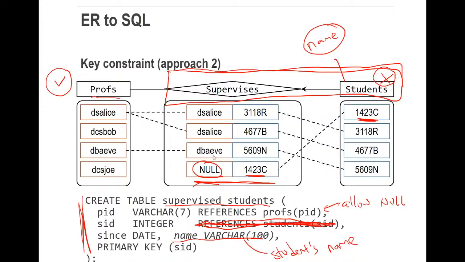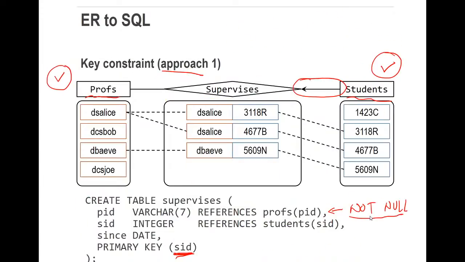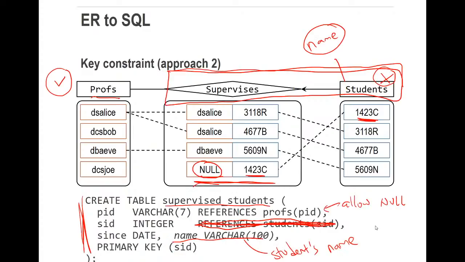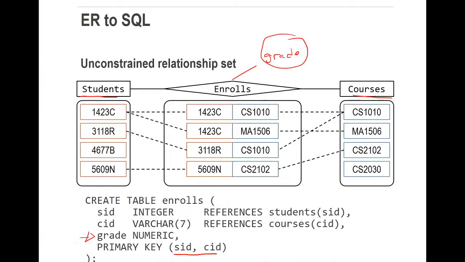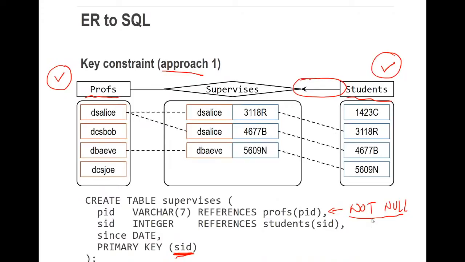A student may not have a prof that is supervising. So it allows null. Yes. So this one is correct. It allows null. But for this one, if you are using this, then it should be not null for approach 1. Okay. So any other questions?